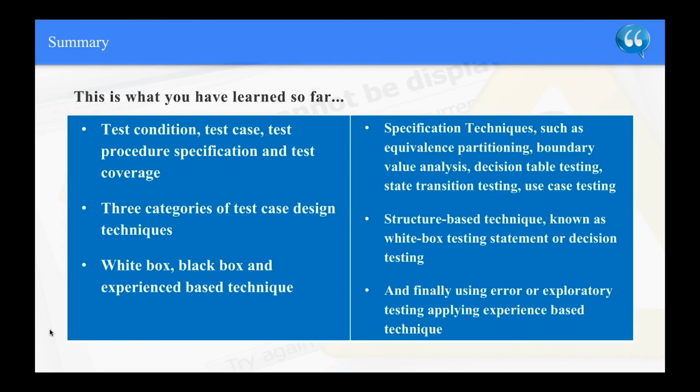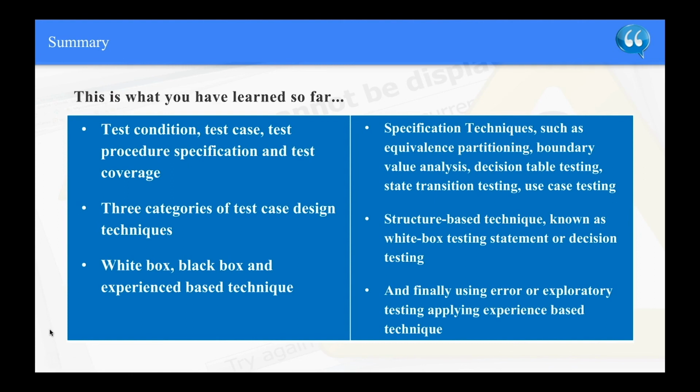Now we came to the end of section 4. In summary, what you have learned so far is the test condition, test case, test procedure specification, and test coverage. Three categories of test case design techniques: white box, black box, and the experience-based technique.